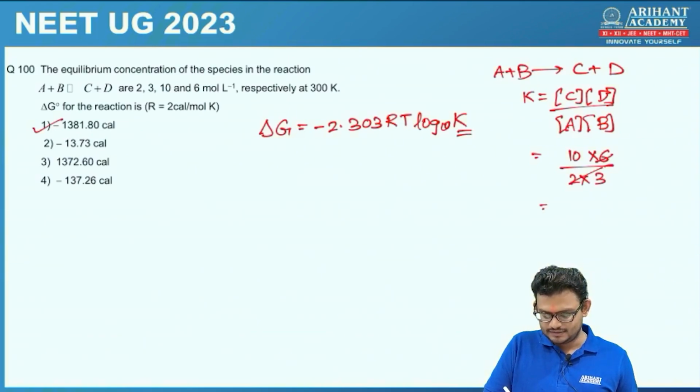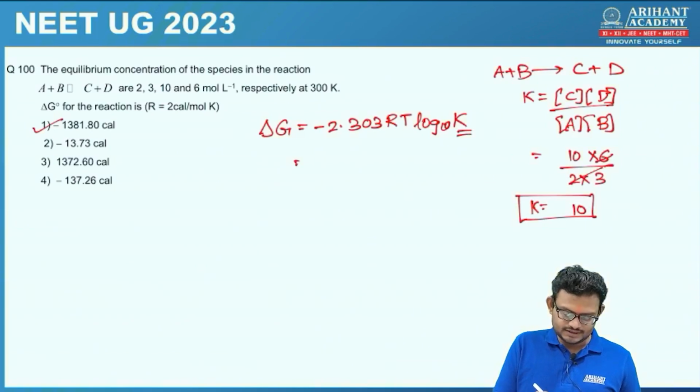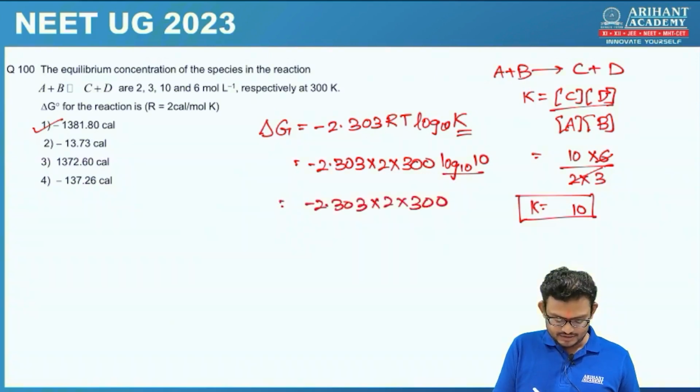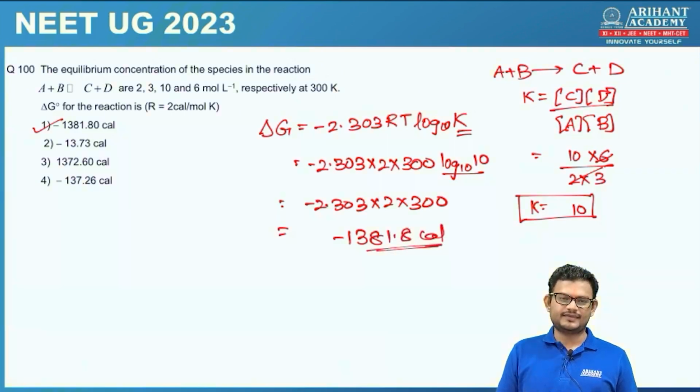So that cancels out and the value of K comes to 10. So just substituting those values, we get our answer: 2, temperature 300, and log 10 to the base 10 is 1. So it is minus 2.303 times 2 times 300, which lands up to the first option, 1381.8 calorie. Thank you, students.